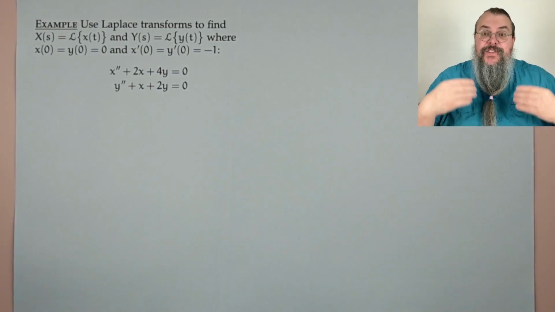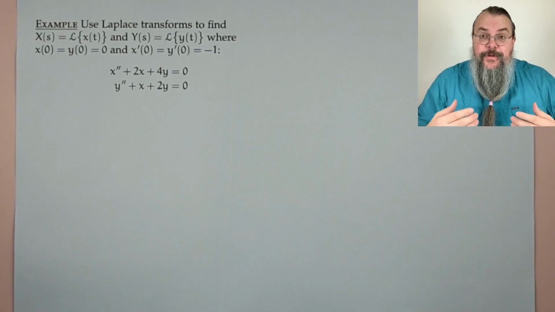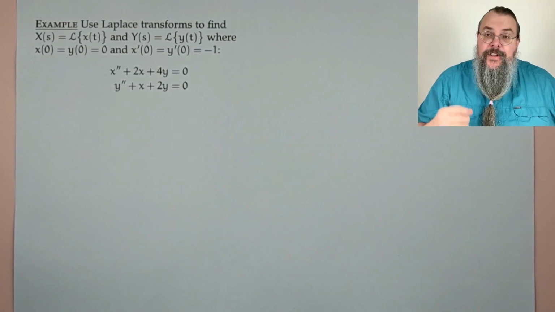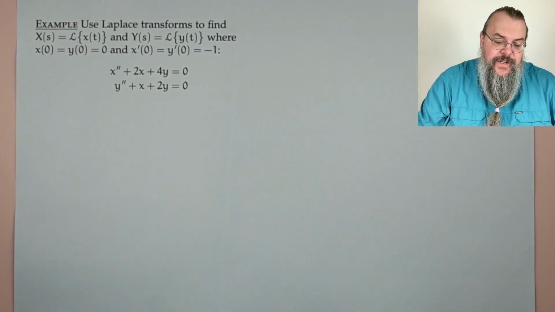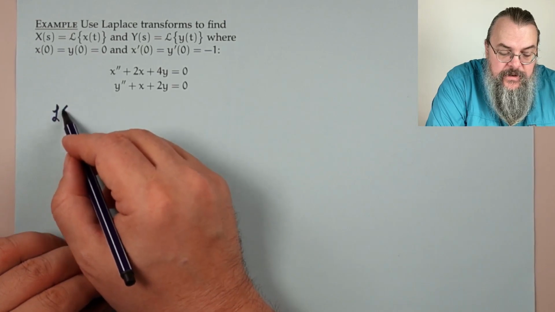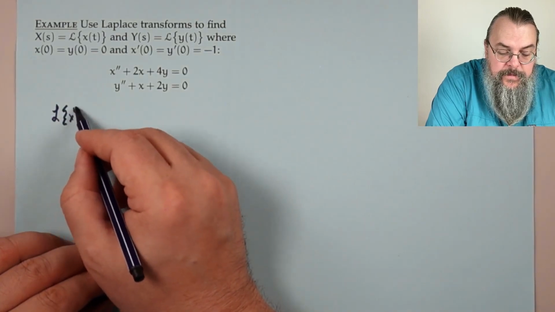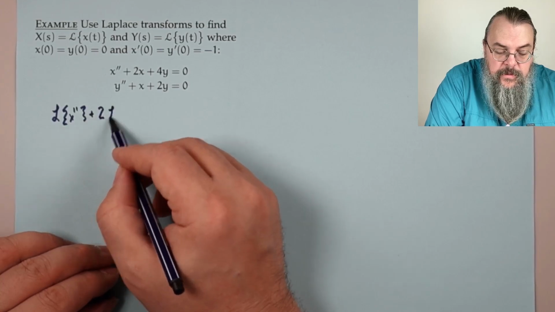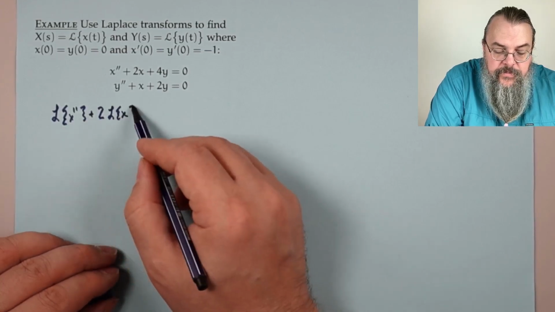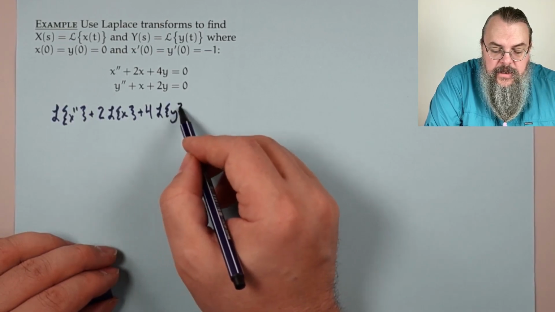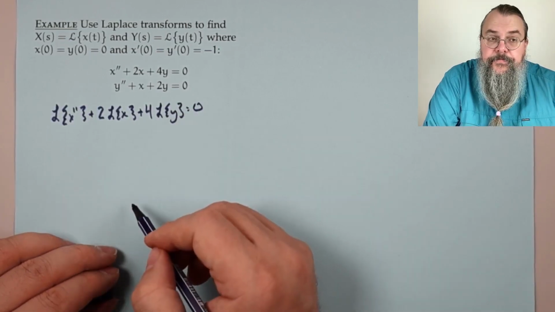The process says start by taking the Laplace transform of both sides. Okay, great. And in this case, we'll do it for each equation. So from the first equation, we have the Laplace transform of x'' plus 2 times the Laplace transform of x plus 4 times the Laplace transform of y equal to 0.